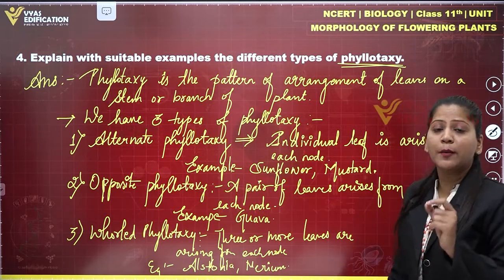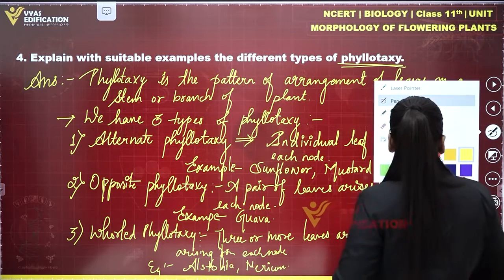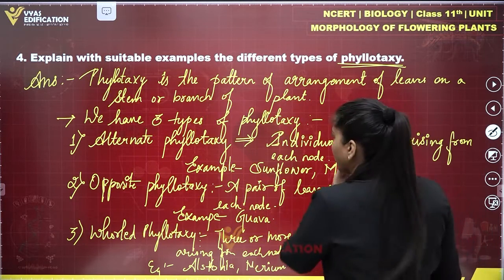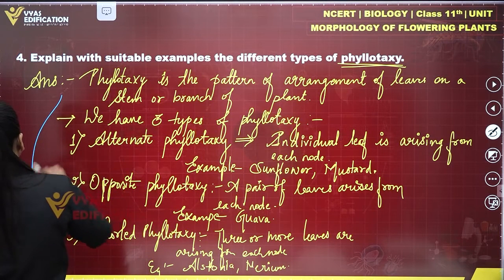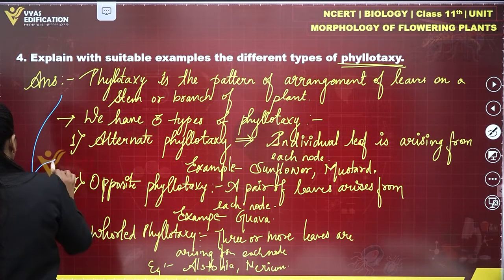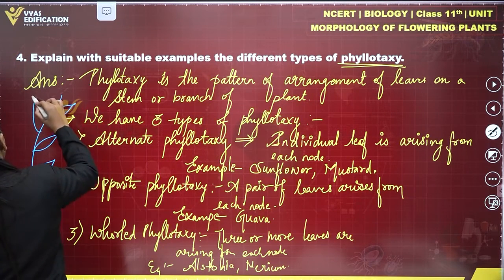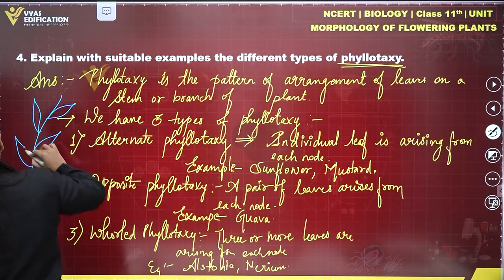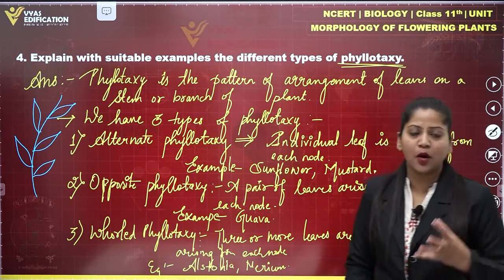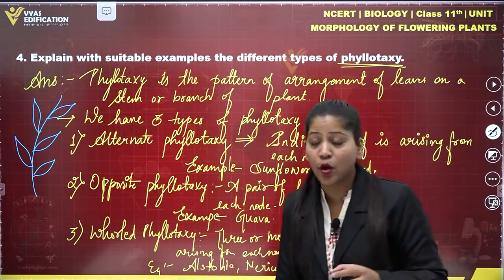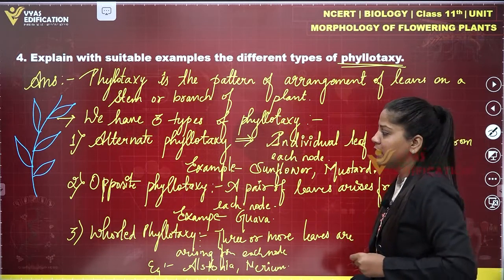Now the representative figures of each phyllotaxy, we are going to make here like this. For the first one, there is a leaf stalk. This is a leaf, this is a leaf, and here also are leaves. See, this kind of arrangement is said to be the alternate pattern of arrangement of leaves on the axis. This is alternate phyllotaxy.